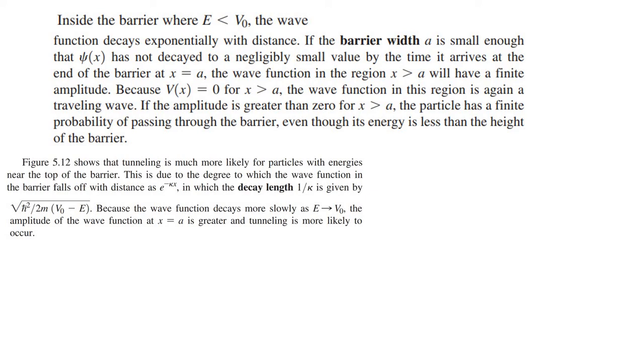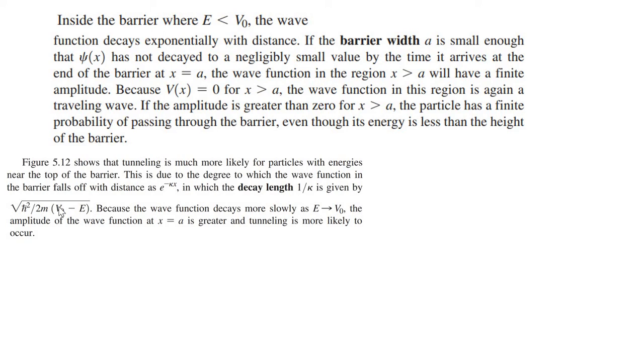So here quantitatively we can see that it depends on this quantity, h bar square by 2m (V0 minus E). Now if you analyze this portion, suppose E is much less than V0. That means this quantity would be very high, and this is in the denominator part.